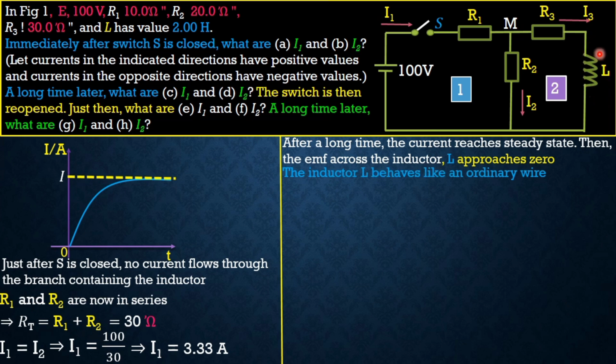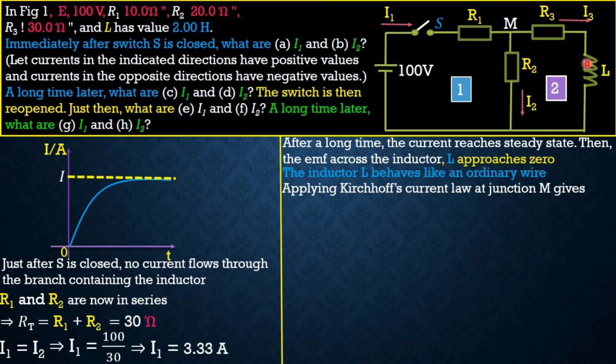In such a case, we are going to apply Kirchhoff's junction law at the junction M, because our goal is to find I1 and I2. We notice that loop 2 is also involved, and to do that we have to get the currents I1 and I2 by Kirchhoff's law.